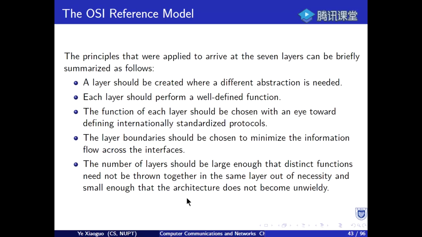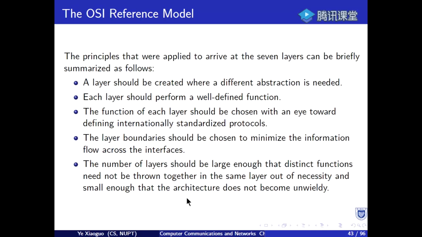The number of layers should be large enough so that distinct functions need not be thrown together in the same layer. It will make each layer very clear. The distinct function of each layer is very easy and clear to implement, right?